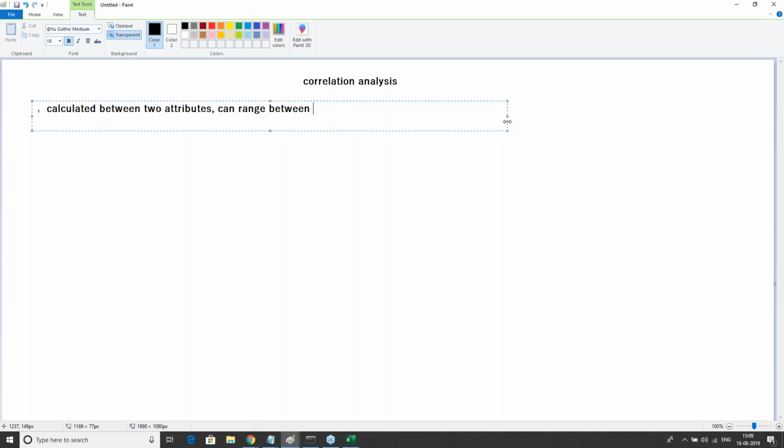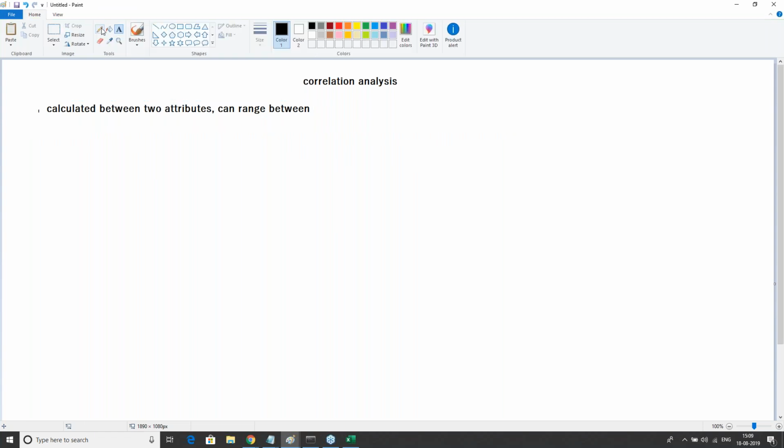My minus sign on paint is not working out, so I'll have to write with a pen here. Correlation can range between -1 to +1, right? So we'll discuss the pattern.